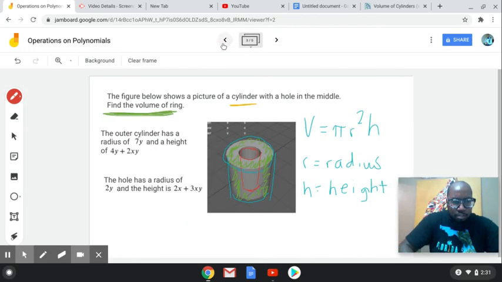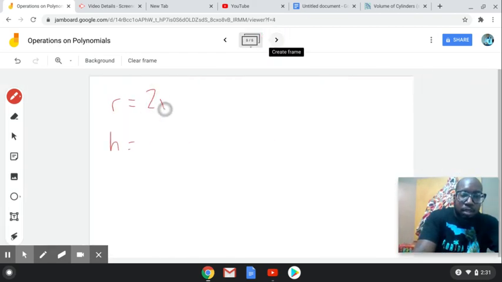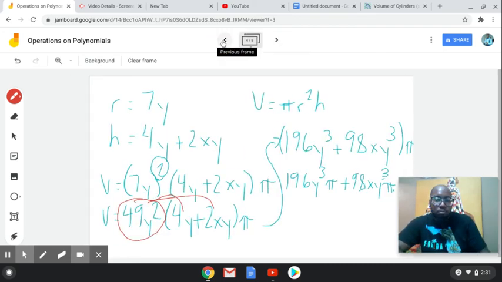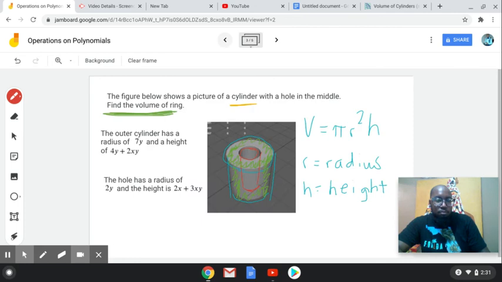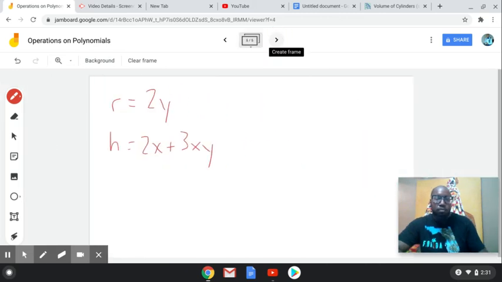The radius was 2y, and the height was 2x plus 3xy. Okay, cool. So we're going to go ahead and try to find the volume of this one.